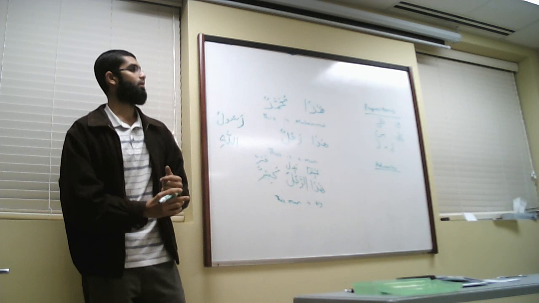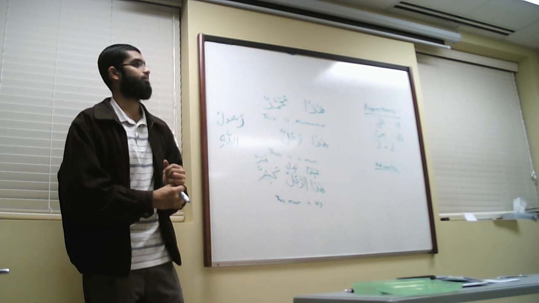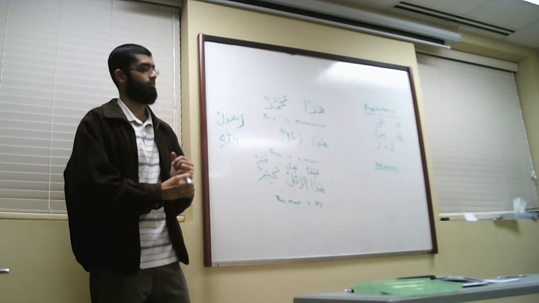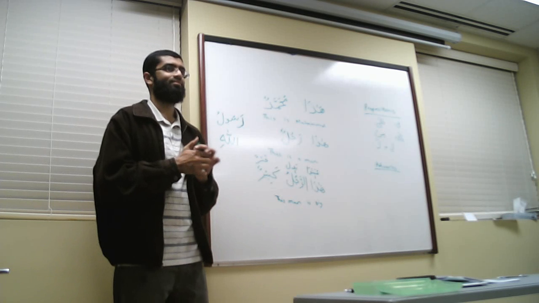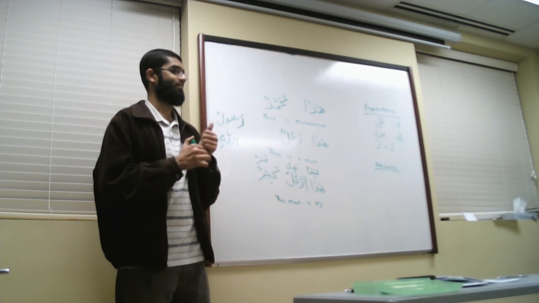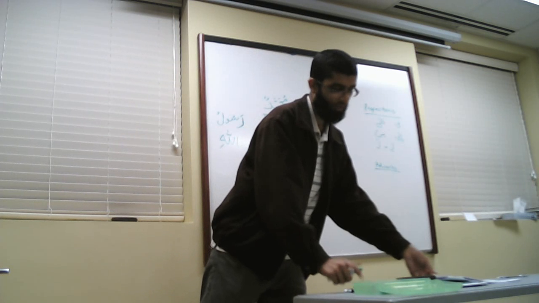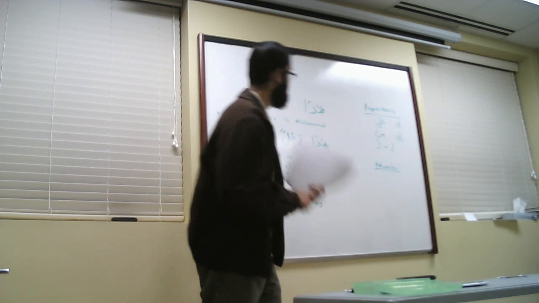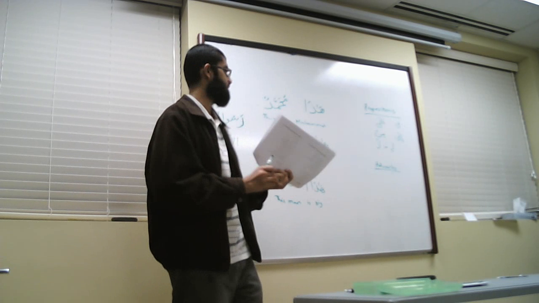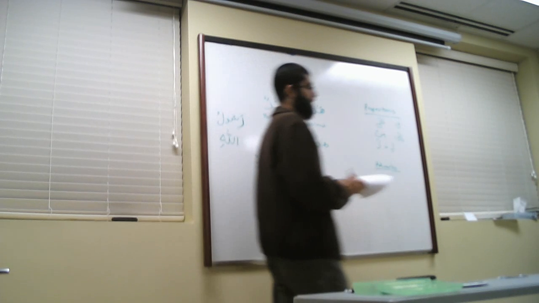What happens to the noun that comes after amama and khalfa? It becomes majroor. It has a kasra. So if I say ana amam al masjid, I am in front of the masjid, I would say amam al masjidi.